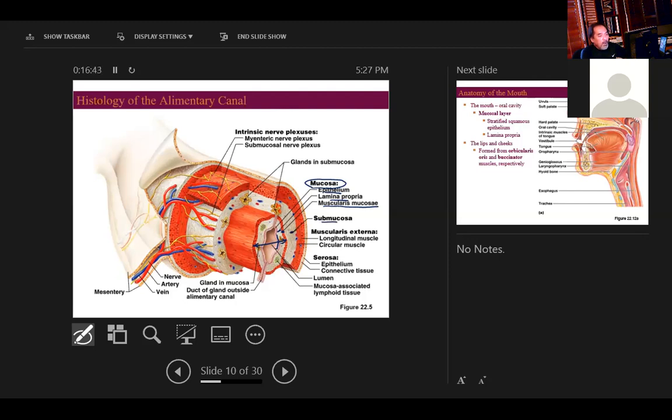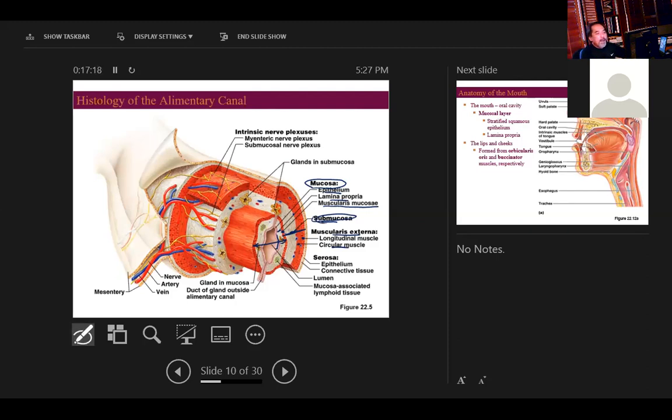And then we have the two layers of smooth muscles, the muscular externa, and the circular is the deeper one, and the longitudinal is the more superficial muscle. Okay? And the muscularis externa is going to be part of what you call the area here. And it's going to be part of the submucosa.